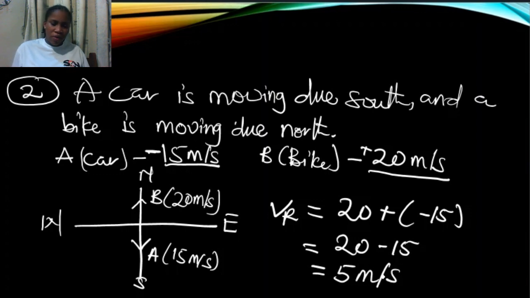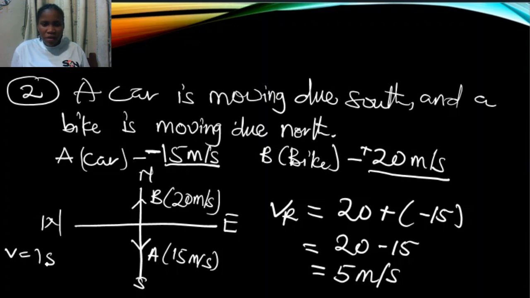Let's say they were all moving in the same direction. Assuming they were all moving in the same direction, let's just forget about the description made here and assume they were all moving in the same direction. For that one, you just have to add the two vectors. You won't negate any because they are all moving in the same direction.